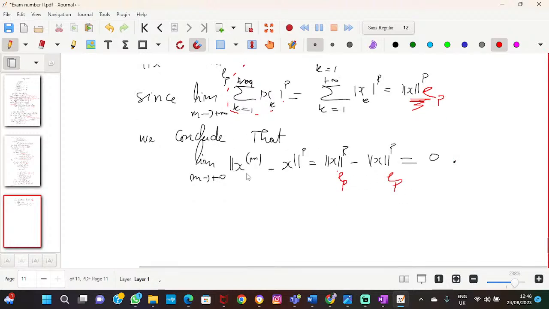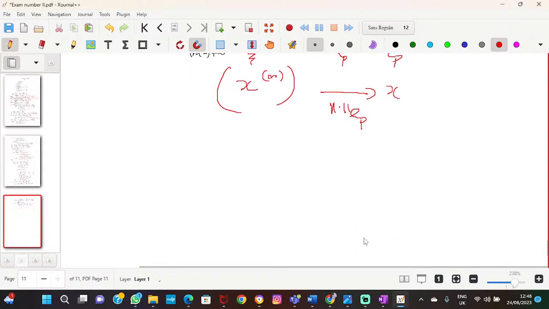So it means that the sequence that we built converges to x with respect to the L^p norm. This is what we needed.